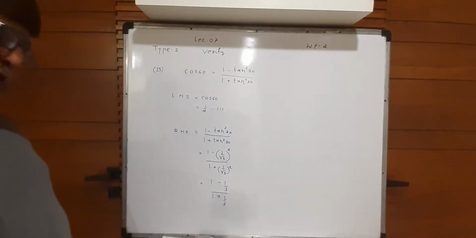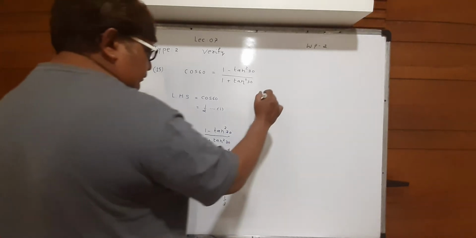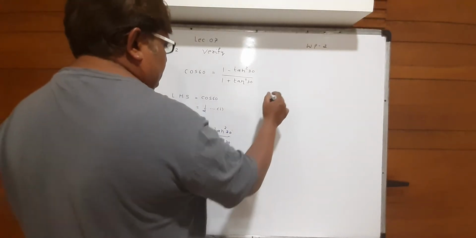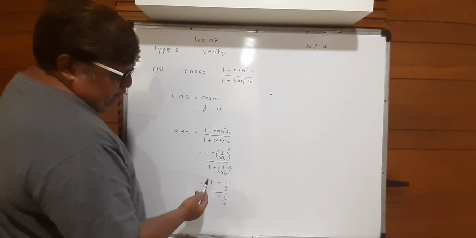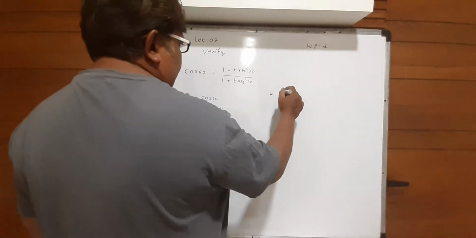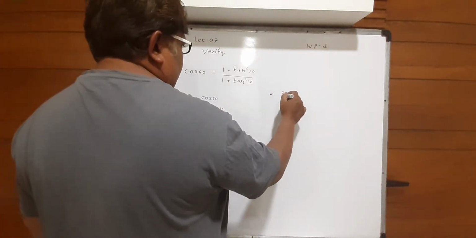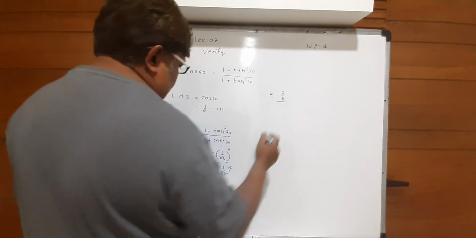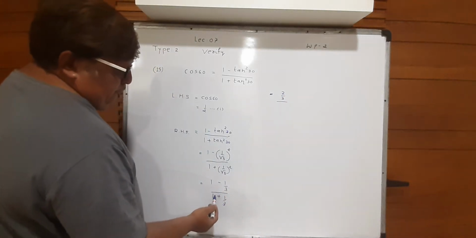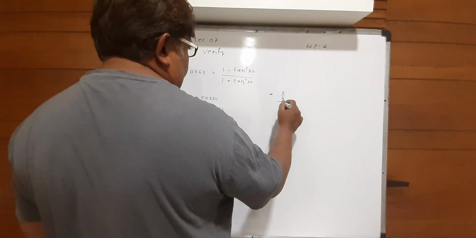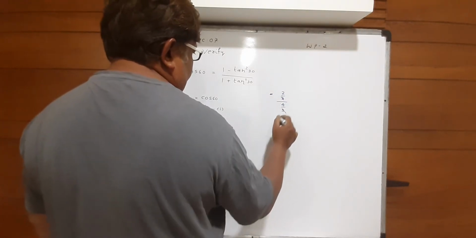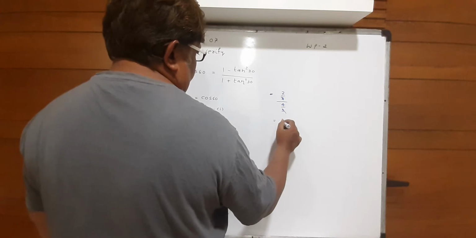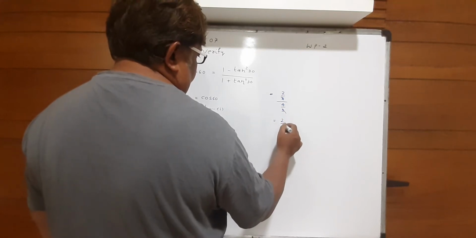After writing this, just simplify. If you take LCM in the numerator, 3 minus 1 is 2 upon 3. Here you take LCM, 3 plus 1, 4 upon 3. The 3 is cancelled, so you got 2 upon 4.